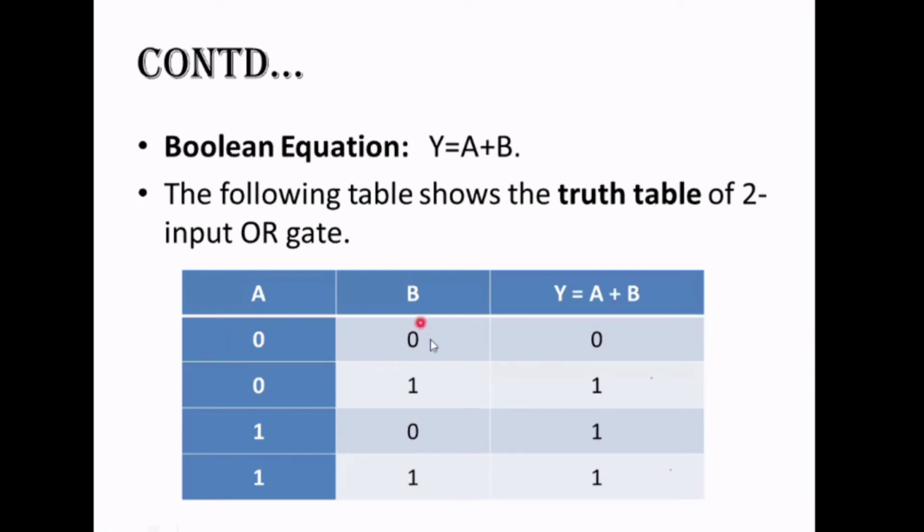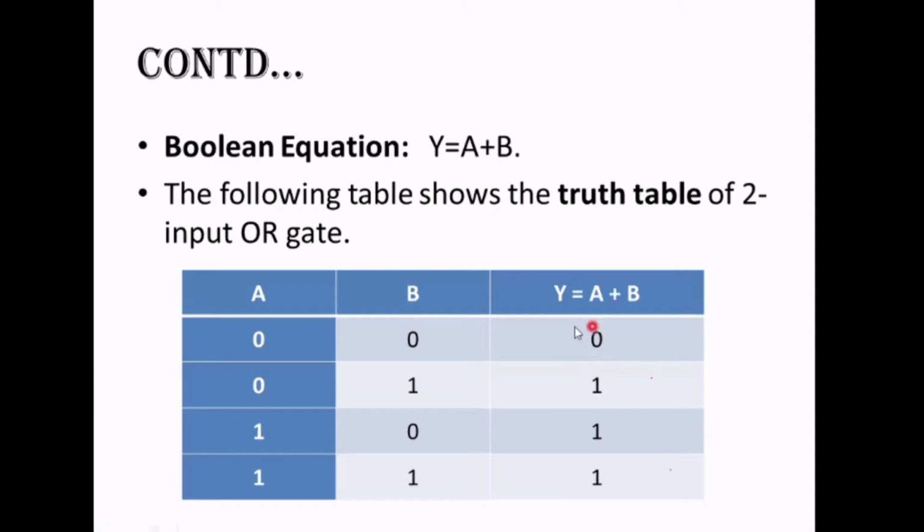Now when it is 0, 0, as per the logic statement of your logical OR gate, what does it say? Whenever any input is high, the output will be high. यहाँ पे आप देख सकते हो कि input A भी 0 है, it means it is low. Input B भी 0 है, it means it is low, right? तो दोनों ही low inputs है. That is why the output over here is 0, which means low.